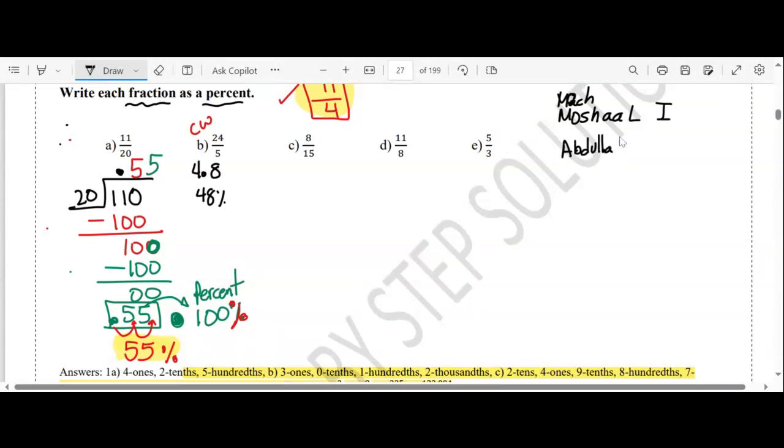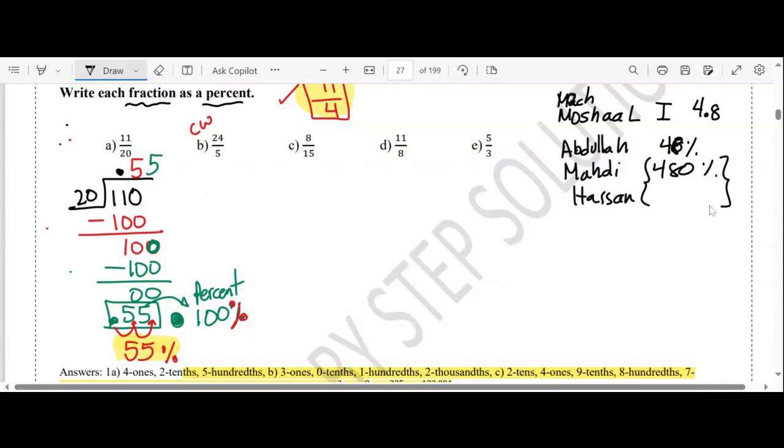Abdullah got a different answer. He said it's 48%. And Mashal said 4.8. Yes? 480%. Mahdi, right? Yes, Hassan. 480%. So two people got the same number.